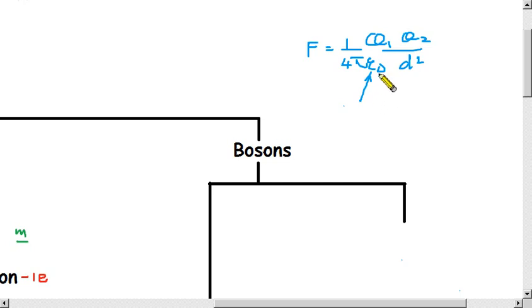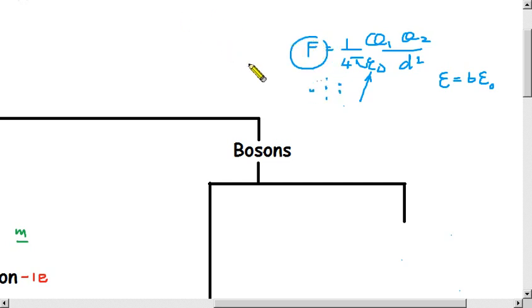We call it the permittivity of the medium, which is sometimes 6 times the permittivity of the vacuum. So the permittivity changes if we change the medium. That means definitely the particles in the medium have something to do with this force.